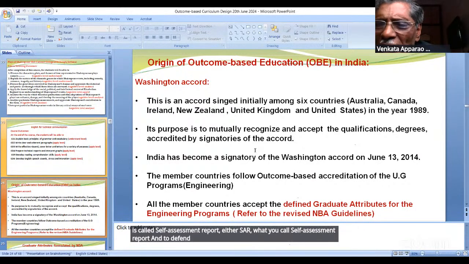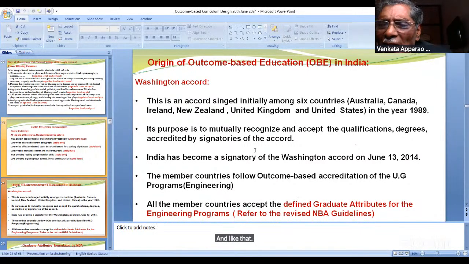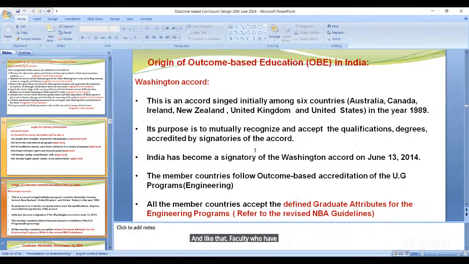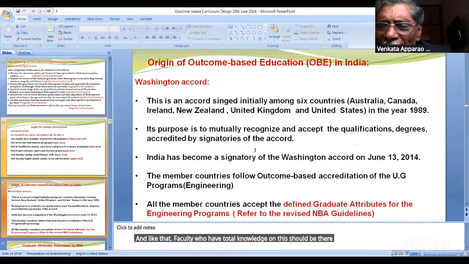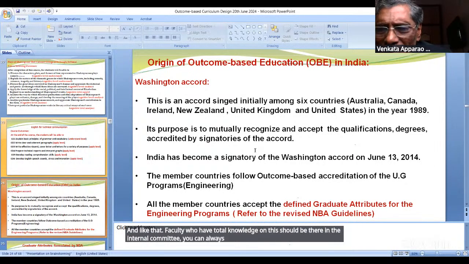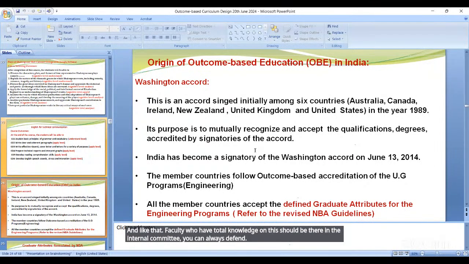You be a member of the internal committee. Faculty who have total knowledge of this should be there in the internal committee. Once you have clarity, you can always defend.